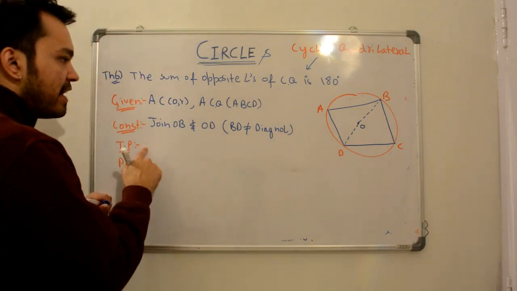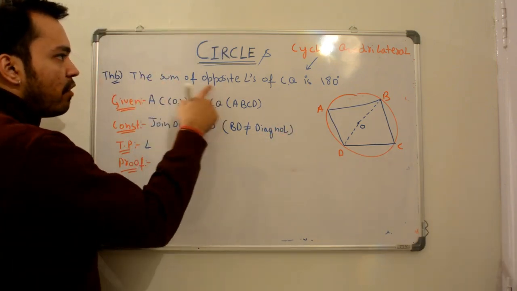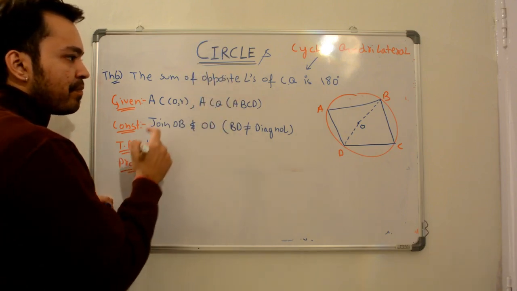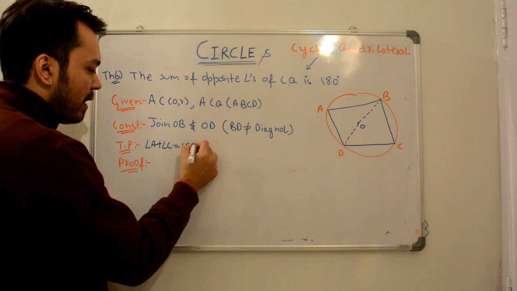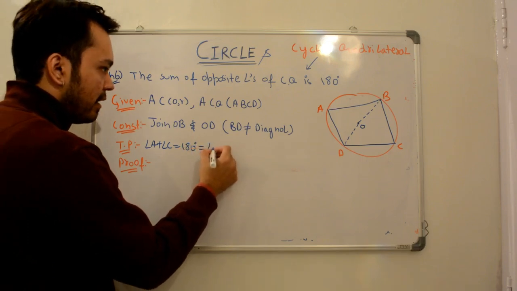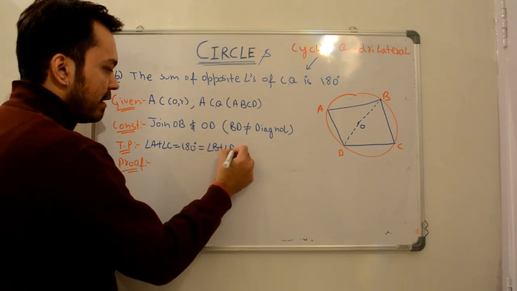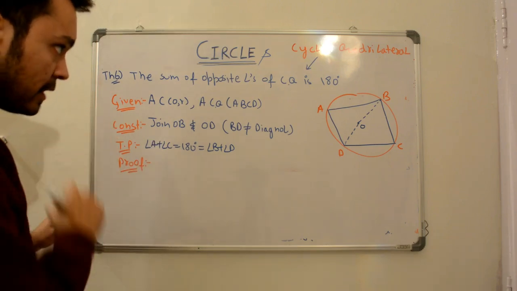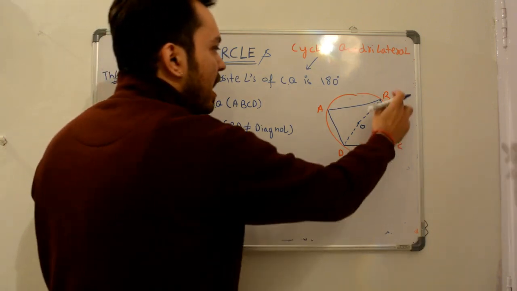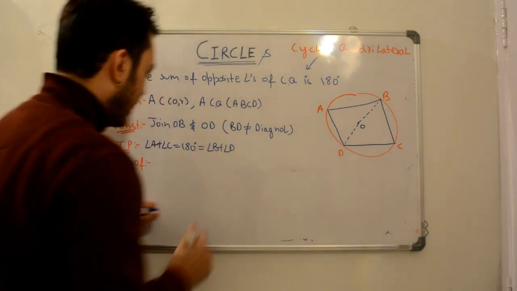Clear? What we have to prove? We have to prove the sum of opposite angles is 180 degree, which means angle A plus angle C is equal to 180 degree is equal to angle B plus angle D. Now we come to proof. Now let me consider this arc BD, right?